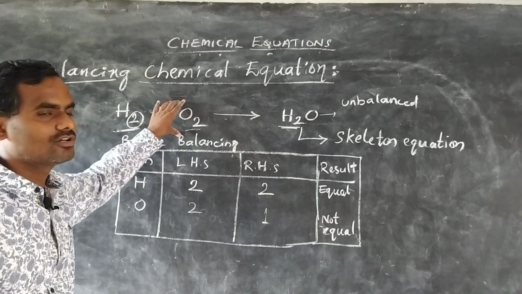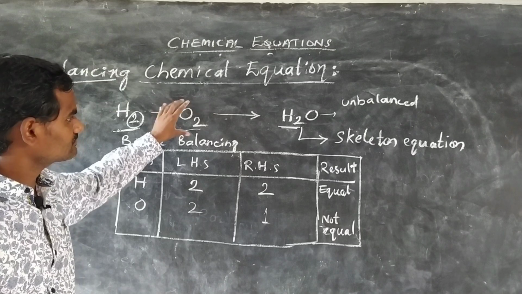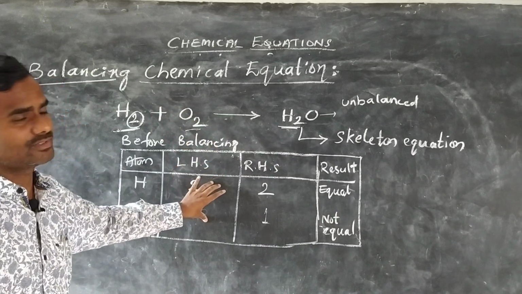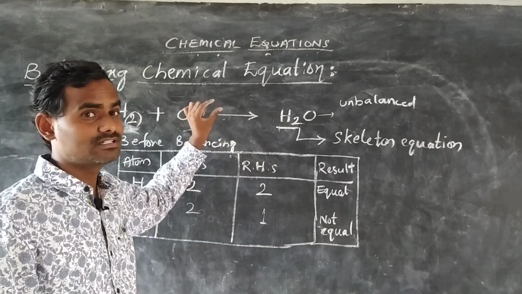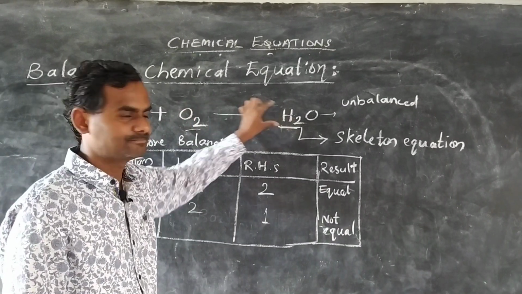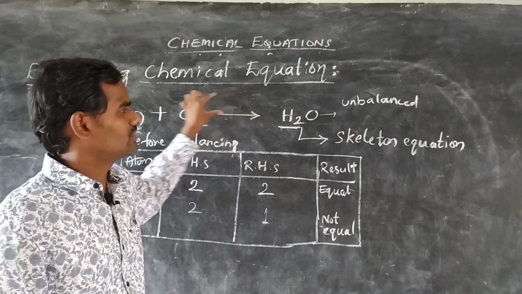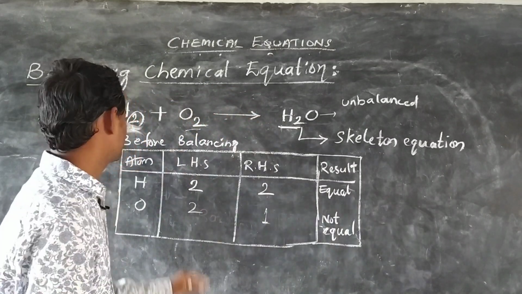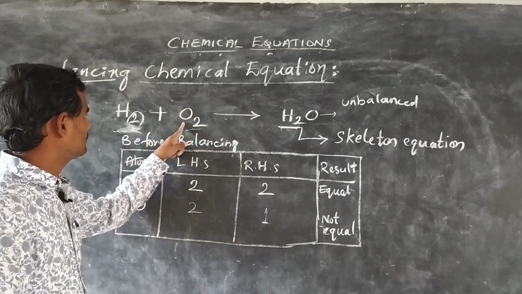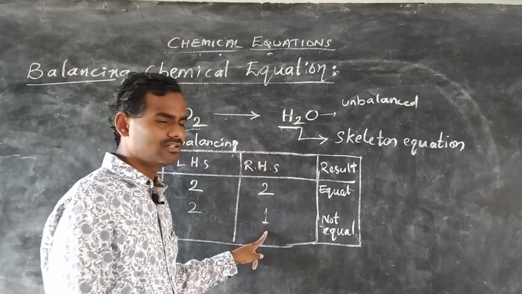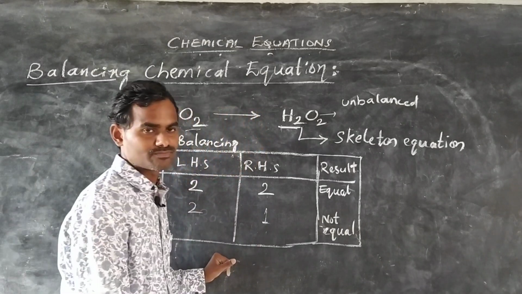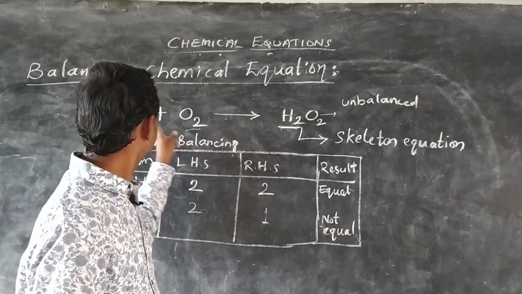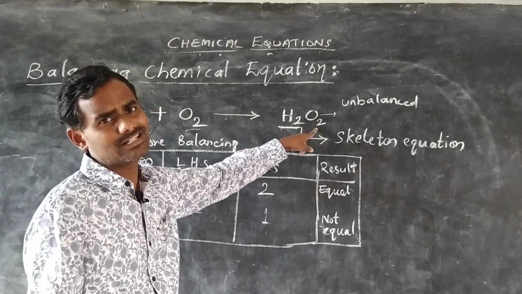Based on this skeleton equation, we have to balance the equation. While balancing any chemical equation, we should not change the composition of any compound in the equation. For example, oxygen is 2 on the left hand side and only 1 on the right hand side. If I keep a 2 here, the hydrogens are equal and the oxygens also become equal.